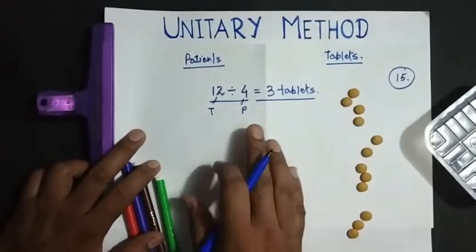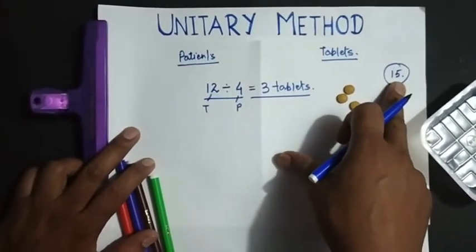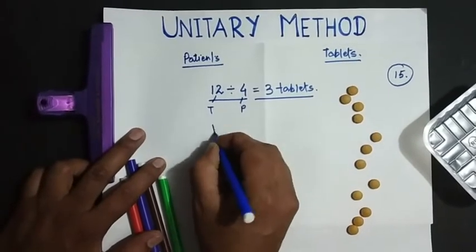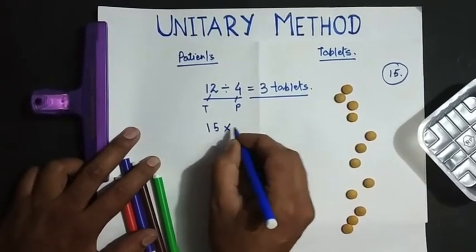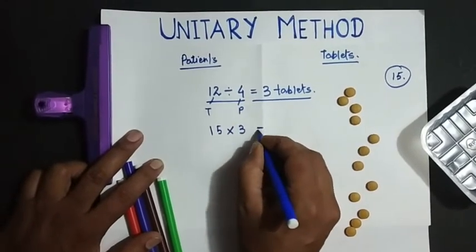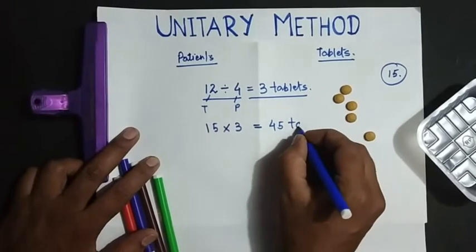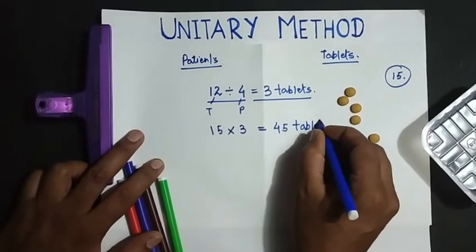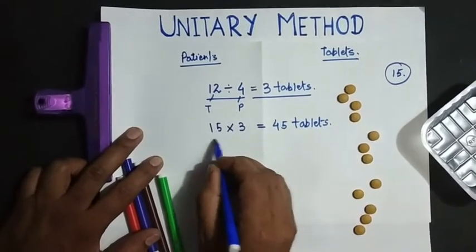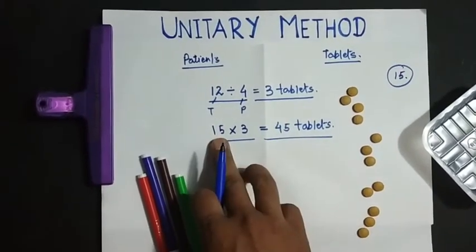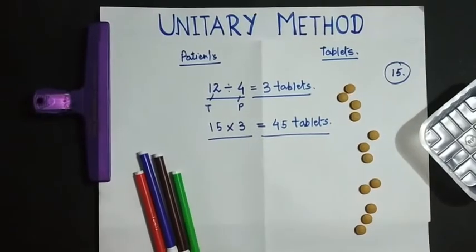How many tablets are required by 15 patients? Simply, 15 multiplied by 3 is equal to 45 tablets. 45 tablets are required by 15 patients.